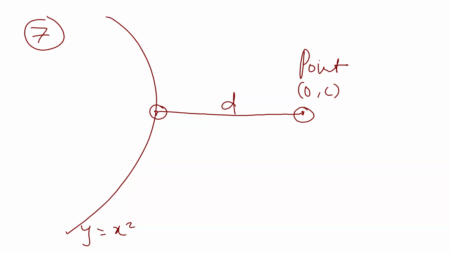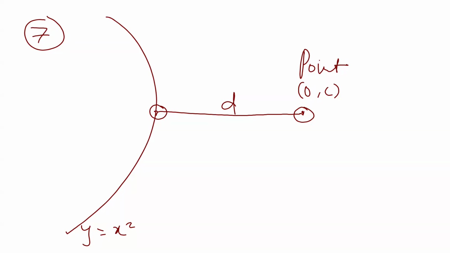Guys, are you able to understand the problem? Do you understand what is supposed to be minimized? I'll go very slow with this, but then things should be clear. Just waiting for your feedback. We have a point, we have a curve.